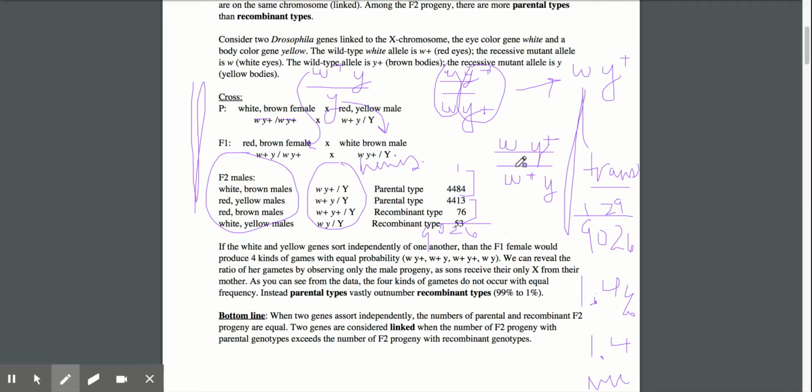And if I see two that are big and two that are small, then I'll know that I have linkage. The smaller these are relative to this, the more tightly they're linked, the closer together they are. And the less difference there is between the recombinants and the parentals, the wider apart they'll be, but still close enough together to see the effects of linkage.